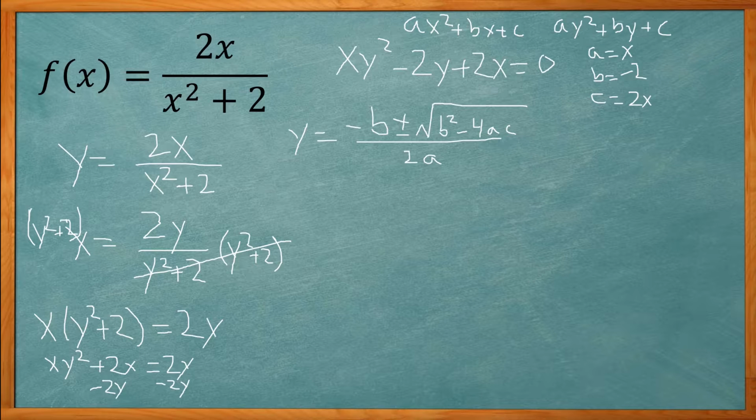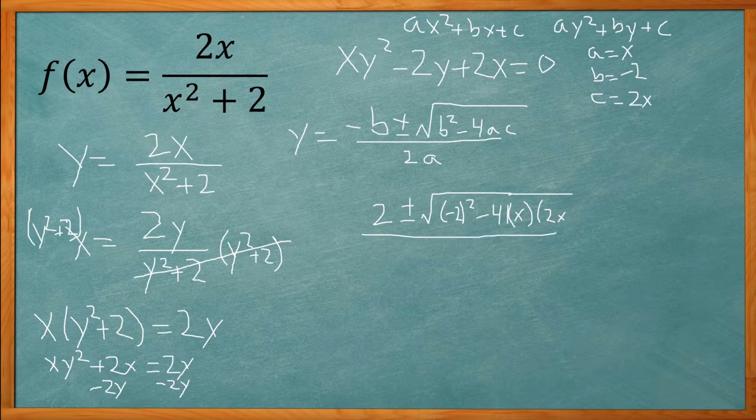So we said b was negative 2, so negative b gives you positive 2, plus or minus the square root of b squared, so negative 2 squared, minus 4, our a was x, and our c was 2x, divided by 2 times a, which is x here.